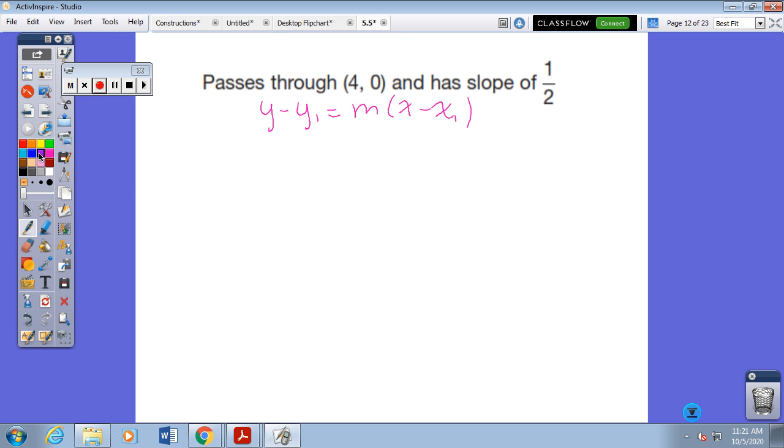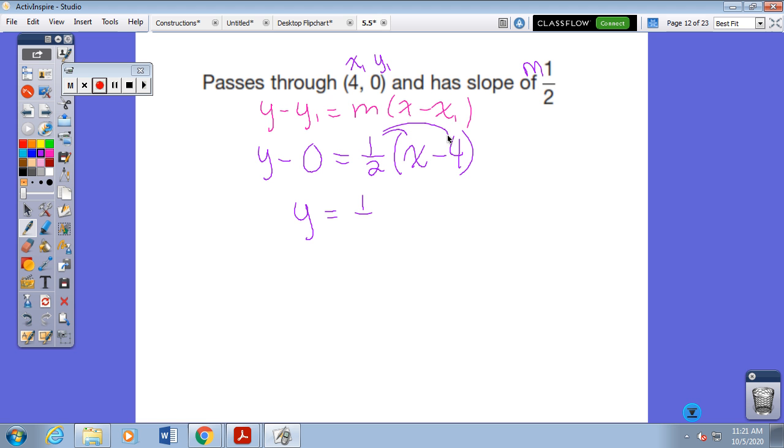So if we go x1, y1, and then slope of m, y minus 0 is equal to 1/2 times x minus 4. Y minus 0 becomes y.